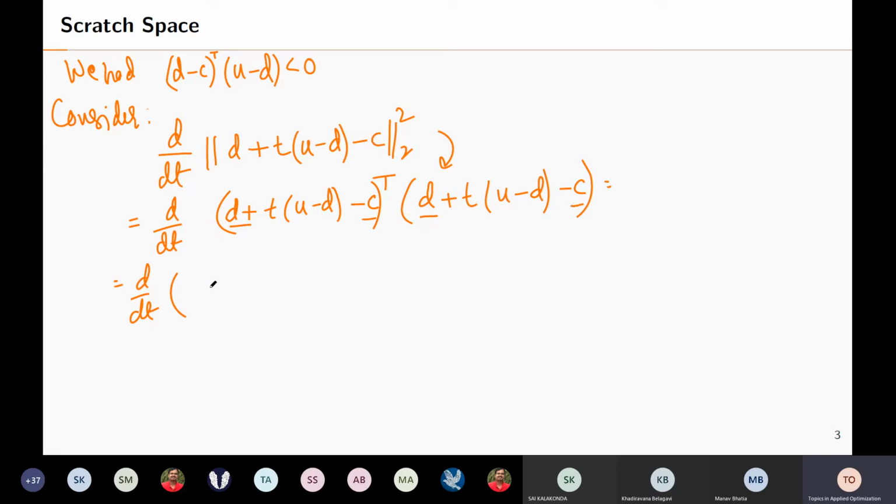So this is (D minus C) transpose (D minus C), and then plus, D minus C will go with the t term. So (D minus C) transpose t(u minus D).